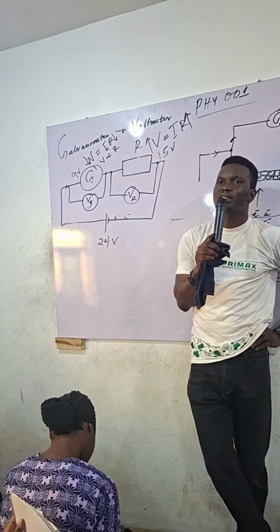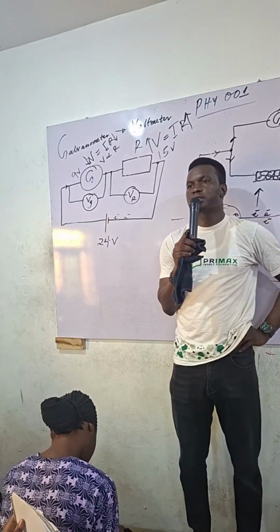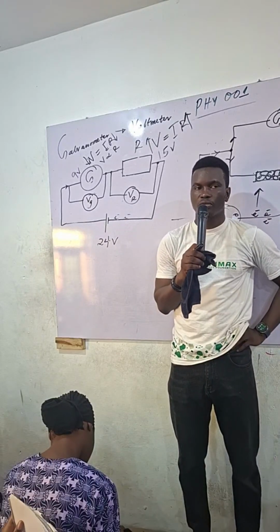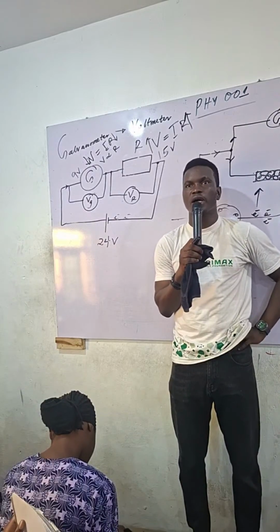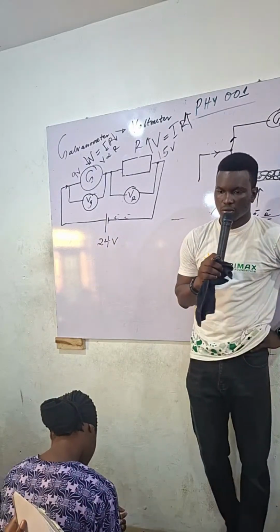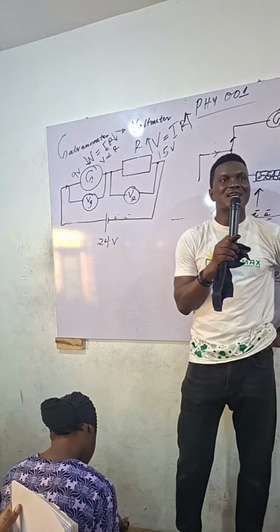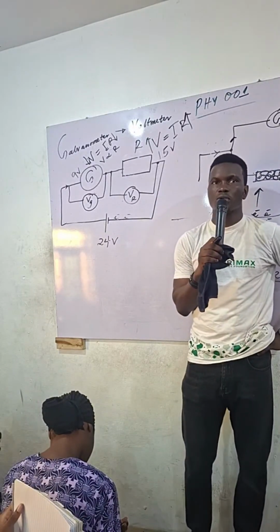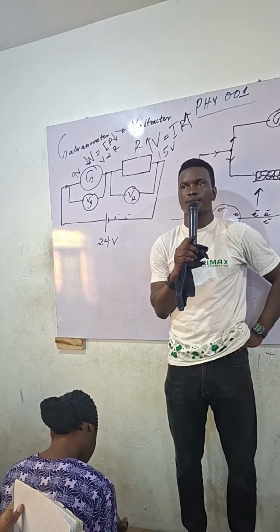A high resistance resistor (in bracket, we call it multiplier) must be connected in series to the galvanometer.